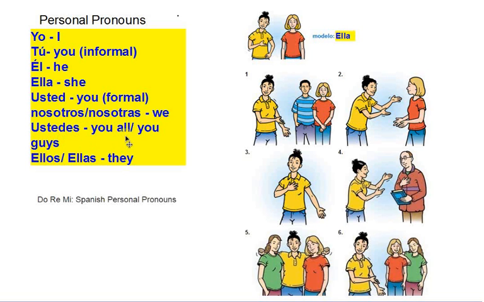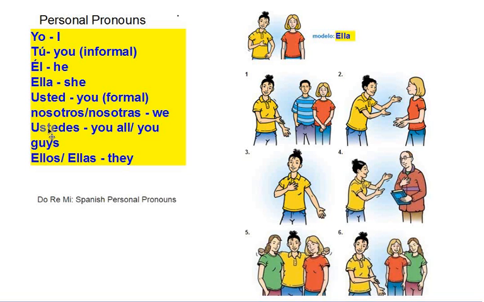Ustedes means you all or you guys. And you're going to use ustedes when you're talking to more than one person. So let's go back here. If you're talking to one person only, you have the option to use tú or usted. Okay, if I say, hey, you, and I'm talking to one person.